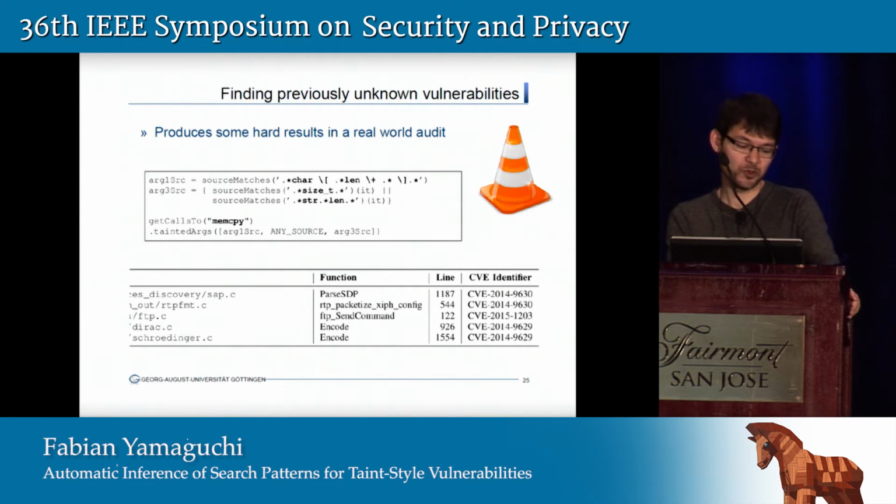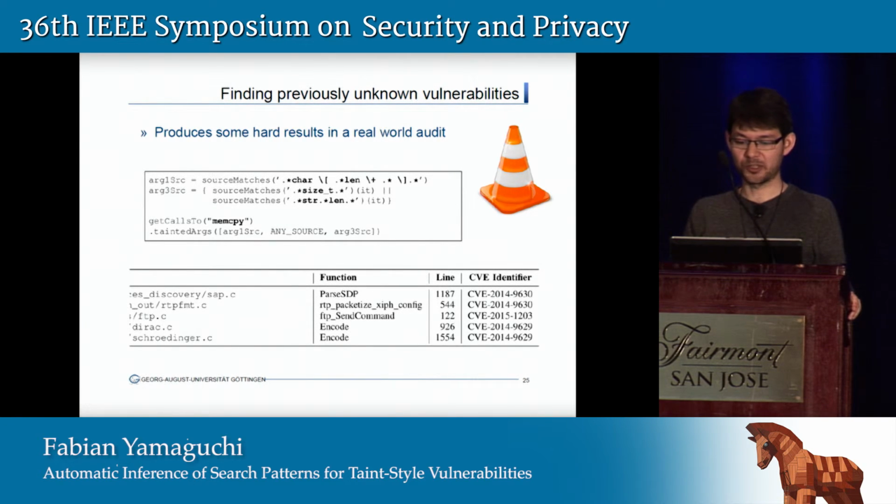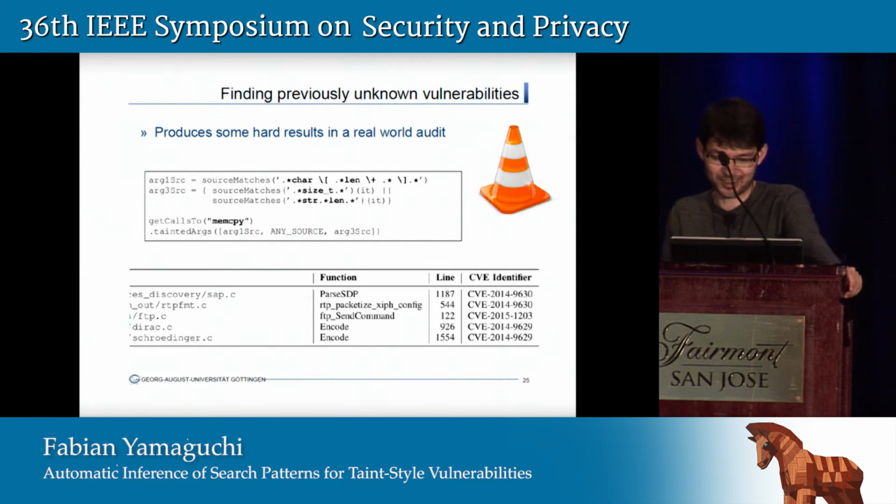All right. Then we also wanted to see whether we can actually use this in practice to find new vulnerabilities. And well, we produced a lot of different queries, but this is one that I found particularly nice because it already encodes a bug in itself. So what you see here is that the first argument to memcopy is actually something that is allocated on the stack, and it is controlled by something that looks like a variable called len.